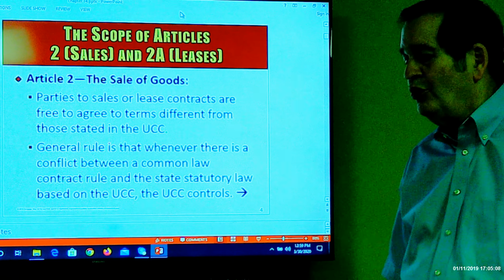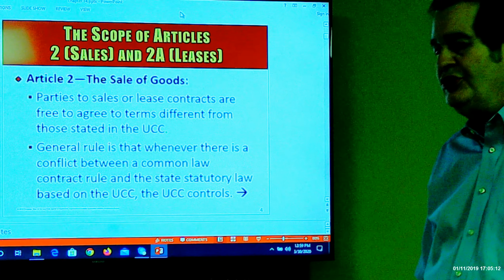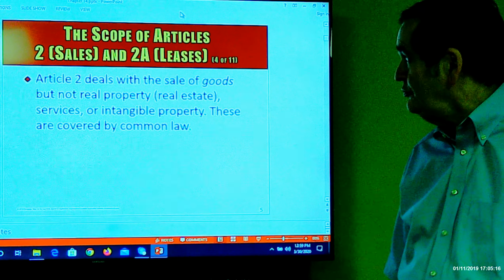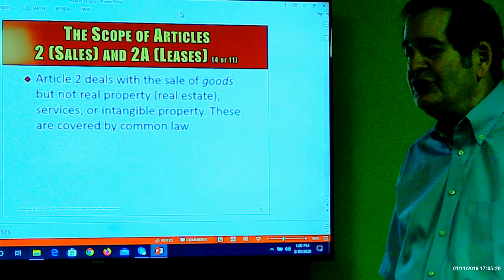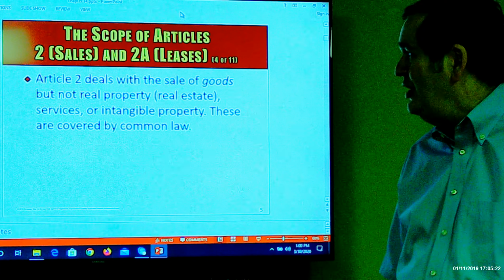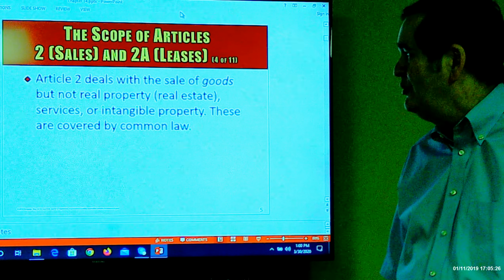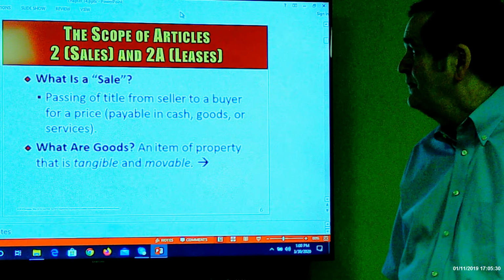So the second rule is that whenever there's a conflict between common law and the UCC, the UCC applies. Article 2 deals with the sale of goods. It doesn't deal with real property as real estate, and it doesn't deal with services or intangible property. These are covered by the common law.